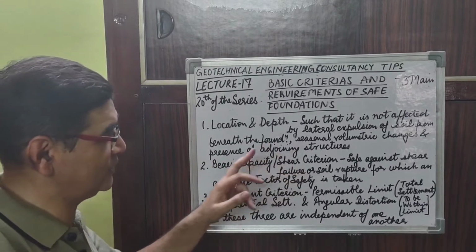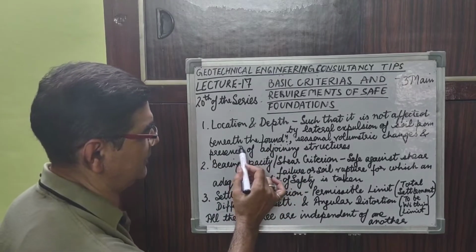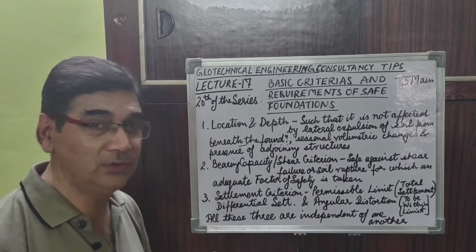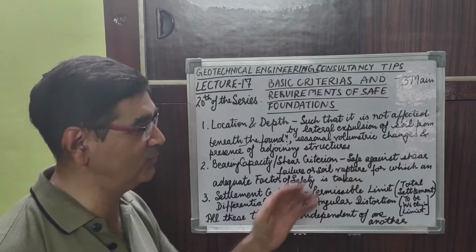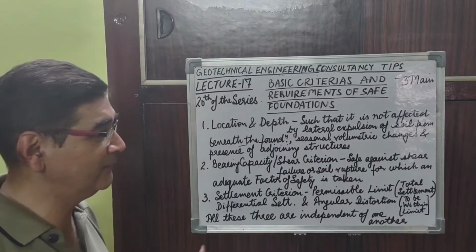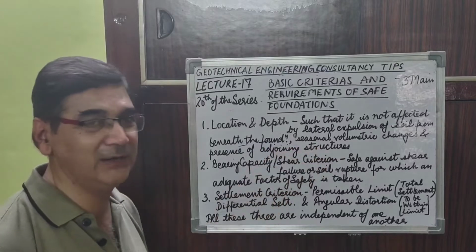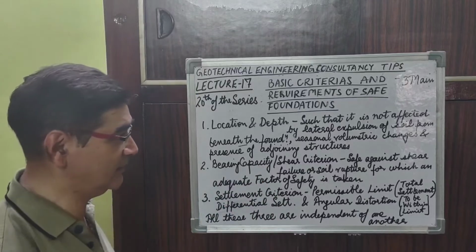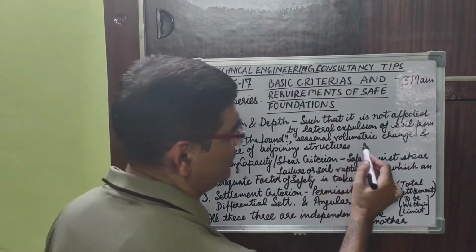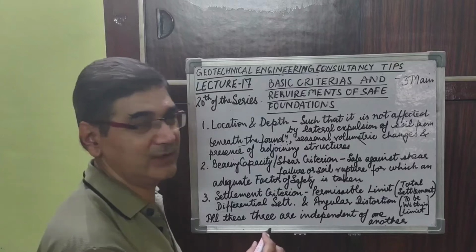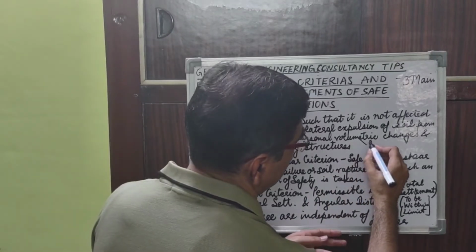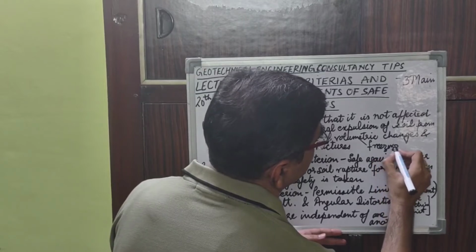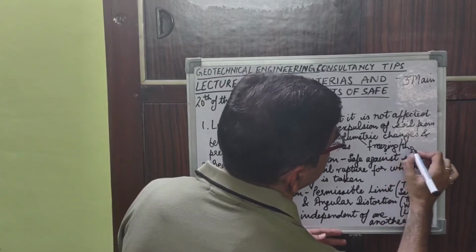That is, our foundation should be safe from shear failure, as well as it should be safe to counter any seasonal volumetric changes, that is any differential settlement or any angular distortion of the structure which may occur due to seasonal moisture variations beneath the soil or in freezing or thawing conditions.